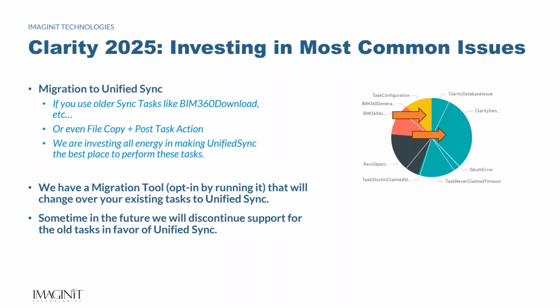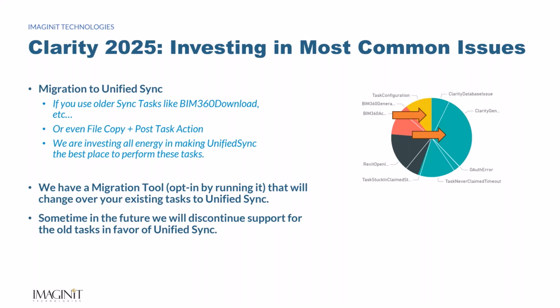Best configuration kind of capabilities, all of the new features for file synchronization, they're all going into unified sync. And so we would like to see people using unified sync instead of the old, I think it's 8 or 9 different file synchronization tasks that unified sync really kind of replaces.